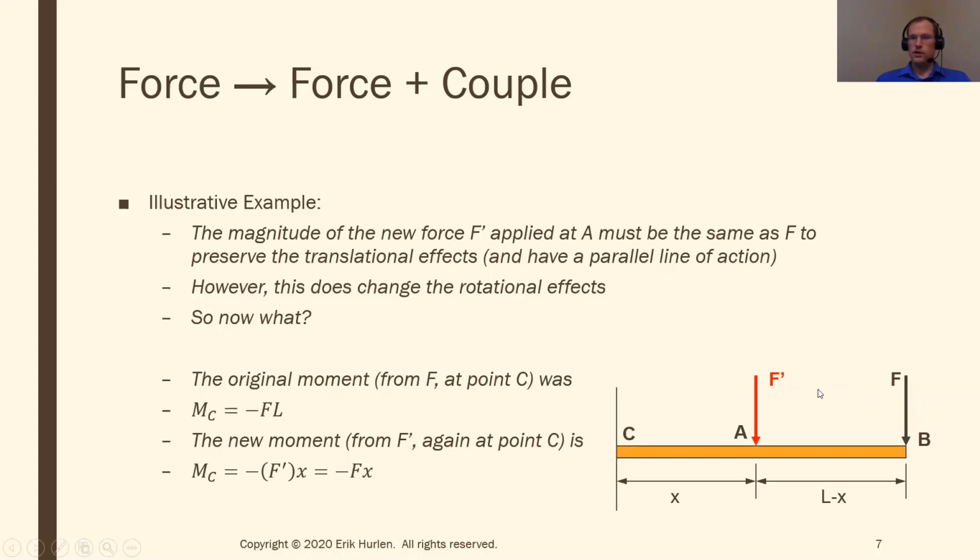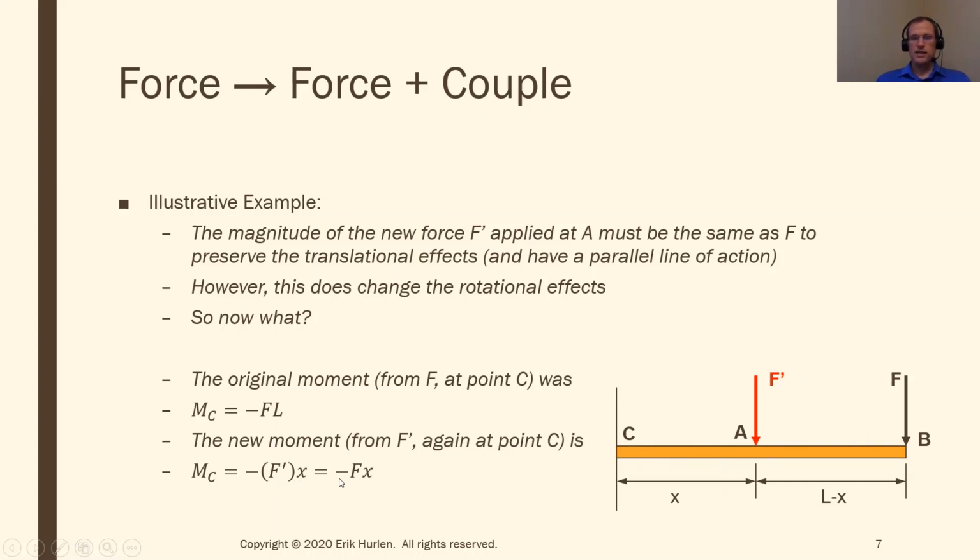But in terms of moment, looking at the old moment, the black force, F, is at some distance L. So the total moment around point C from the black force is negative, because it's clockwise, F times L. My new red force moment around point C, again, it's going to be clockwise, so still negative: F prime, which is the same as F, times the distance x.